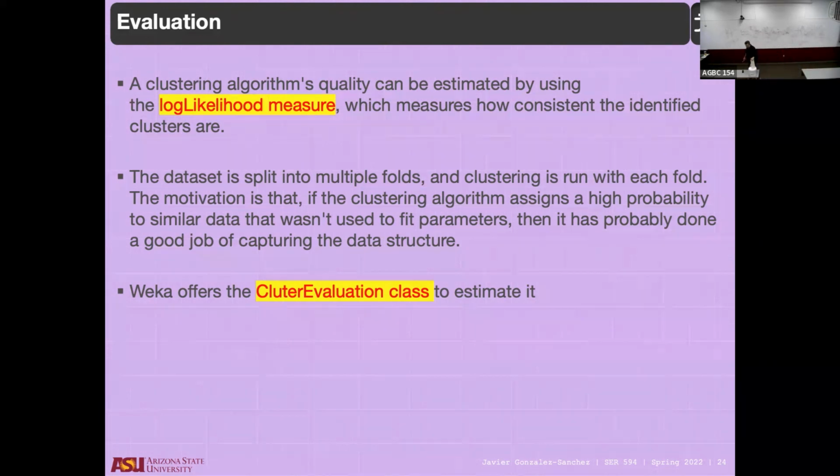That class is the one that you can use to do your evaluations. Now, what do we need? What do you think is going to be the input for this object from the class cluster evaluation? What do we need to provide as a parameter to do the evaluation, no matter what algorithm we used?